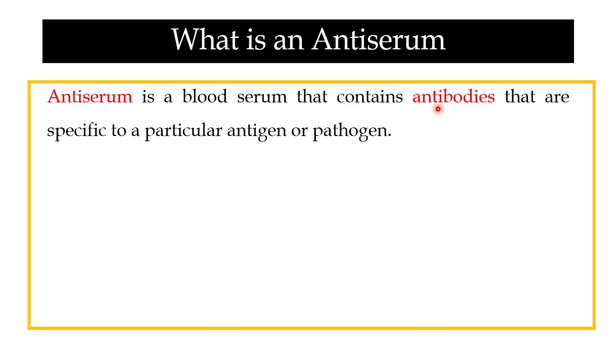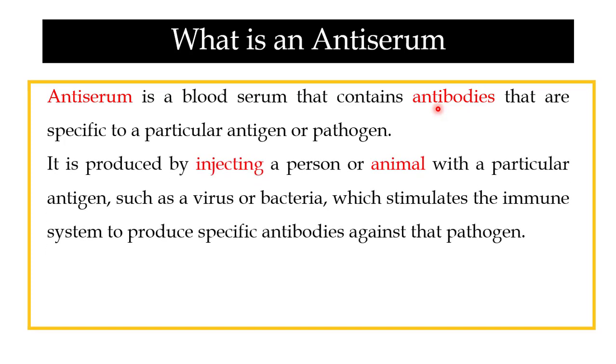Now, how are you going to produce these antiserum? These antiserum are produced by injecting a person or animal with a particular antigen, such as a particular virus or bacteria. After the injection, this virus or bacteria stimulates the immune system to produce specific antibodies against the selected virus or bacteria.